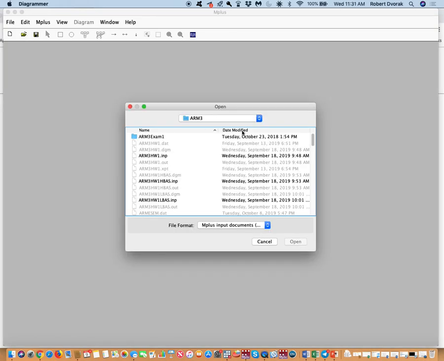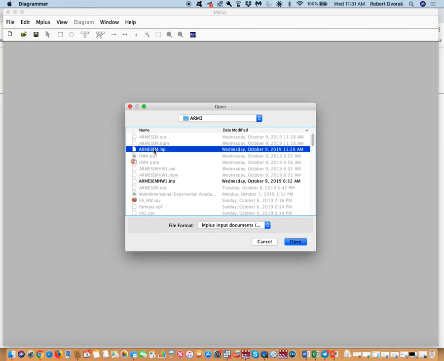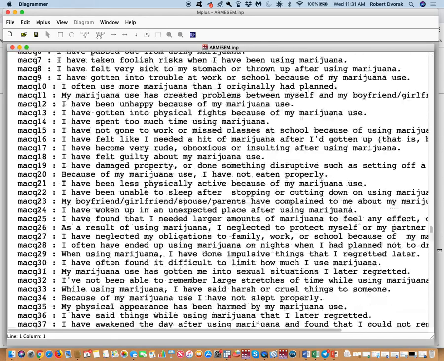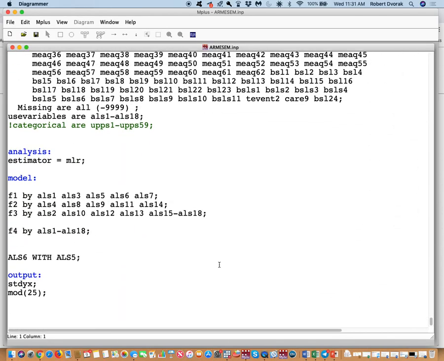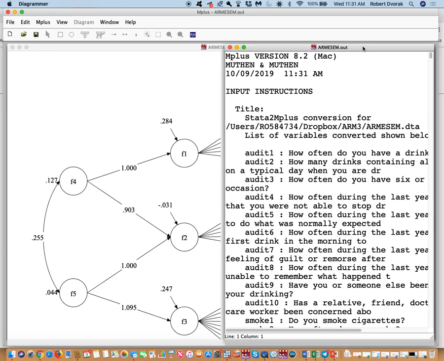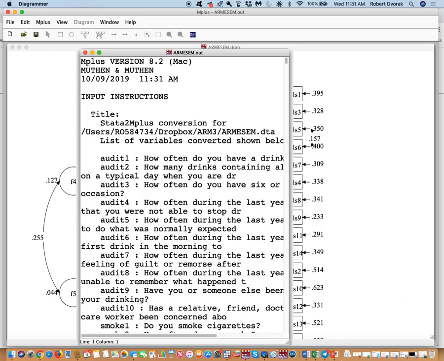If we wanted to say, let's open this back up, that we had F4 by F1 and F2 and F5 by F2 and F3, which is kind of weird, I think this is what I was trying to say would allow you to test differences.